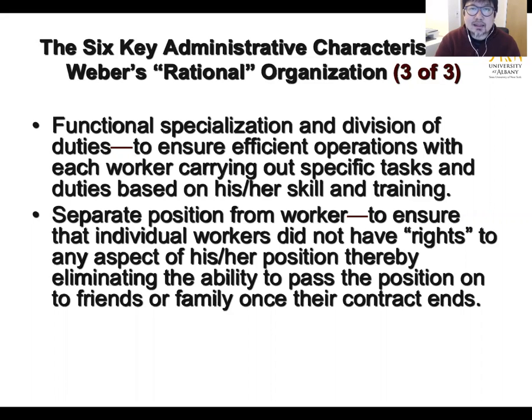These three major theories are different versions of making organizations efficient, or rational, or whatever terms they use.